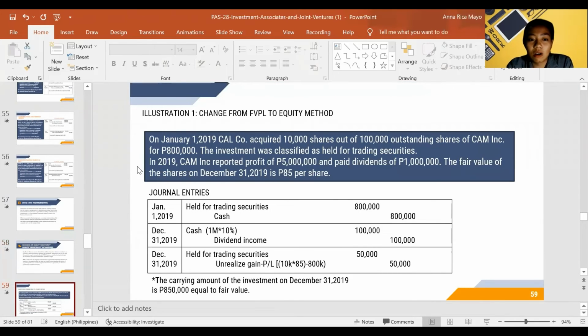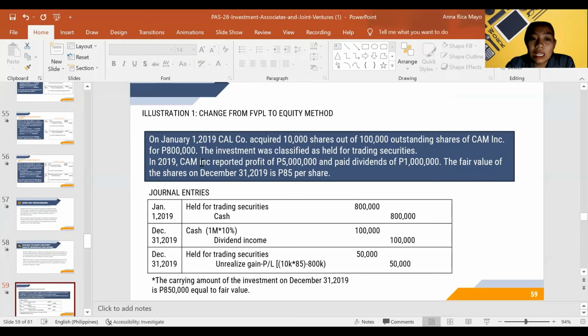Illustration 1 is ito. On January 1, 2019, Calco acquired 10,000 shares out of 100,000 outstanding shares of CAM Incorporated for 800,000. The investment was classified as held for trading securities.